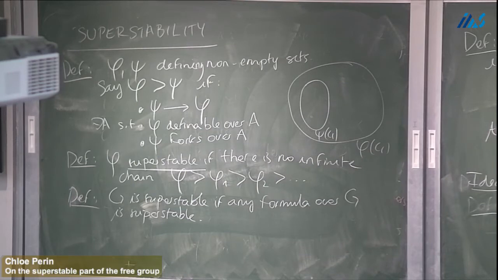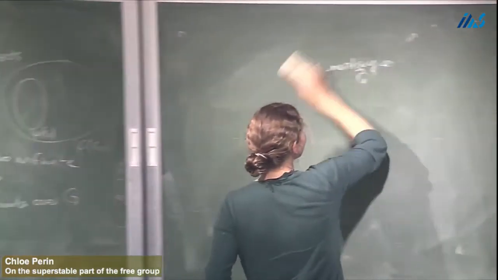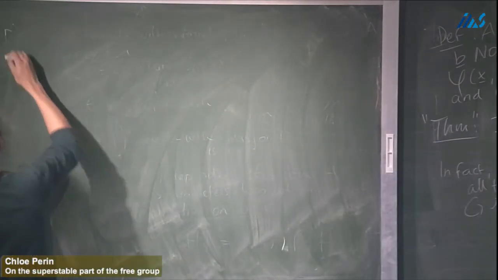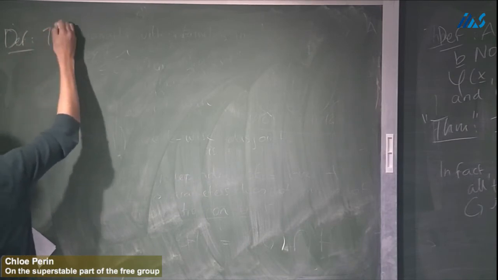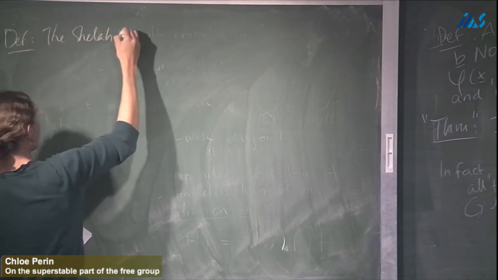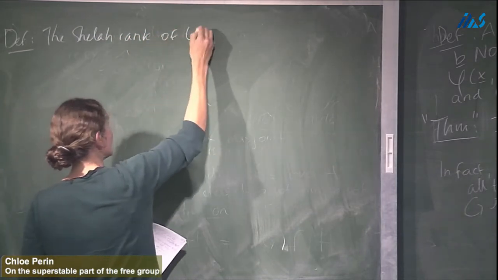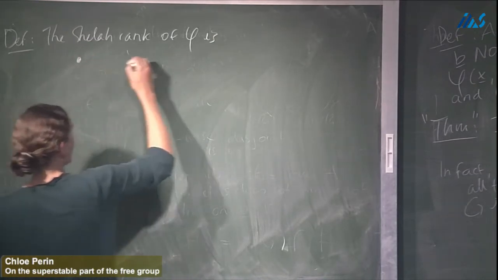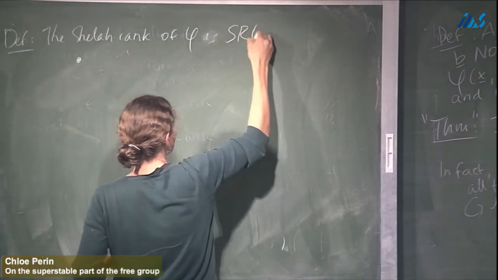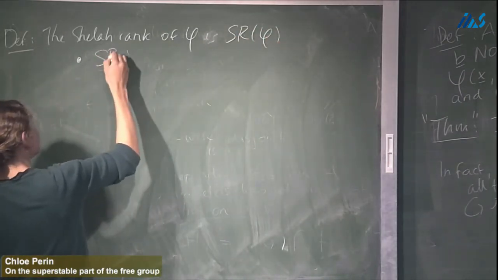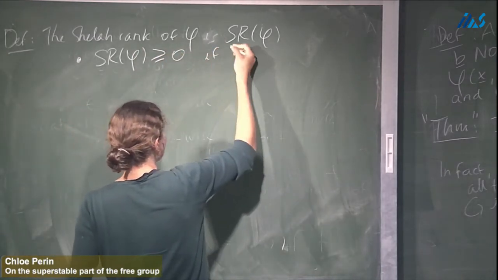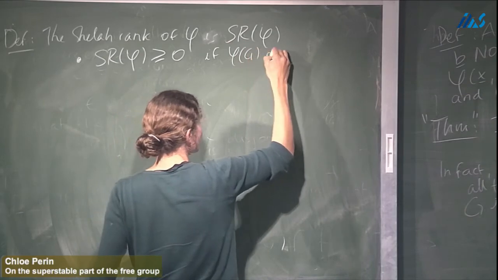Then you can define the Shelah rank by induction. So SR of phi is at least 0 if phi of G is non-empty.